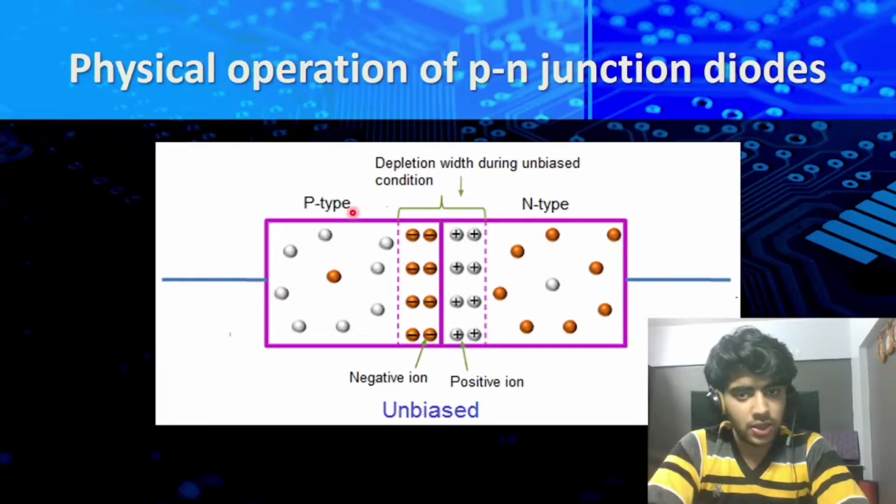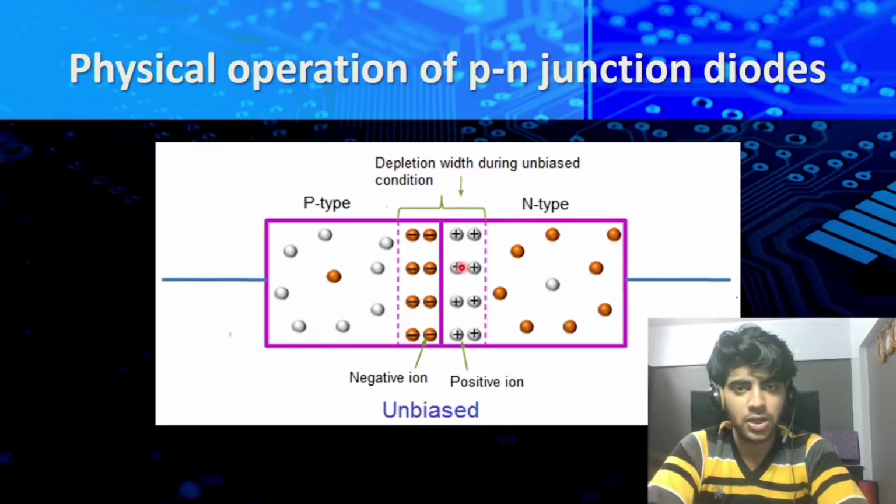The p-type semiconductor has majority charge carriers as holes, which means it tends to be the positive part, and the n-type semiconductor, where the majority charge carriers are electrons, makes the n-type the negative part. This makes the depletion layer totally neutral, which means there is no flow of current and there are no charge carriers in this part.